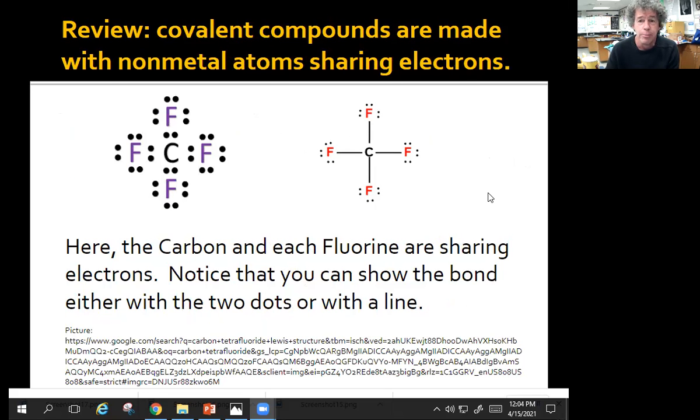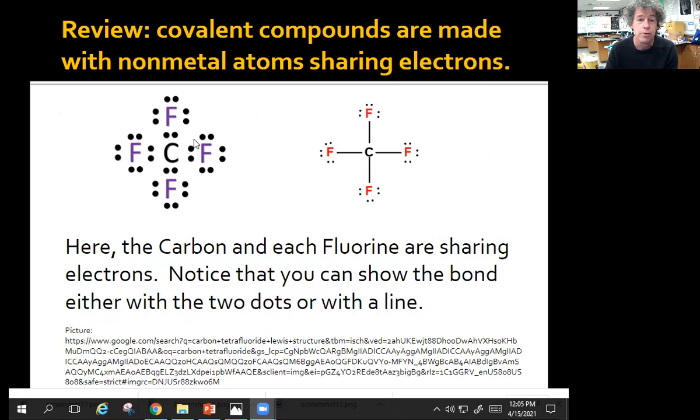Now, covalent compounds, instead of having electrons donated or stolen, share electrons. So in carbon tetrafluoride, fluorine has 7 valence electrons, it's a halogen. Carbon has 4 valence electrons.